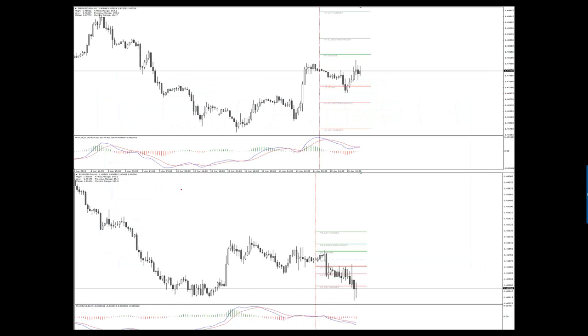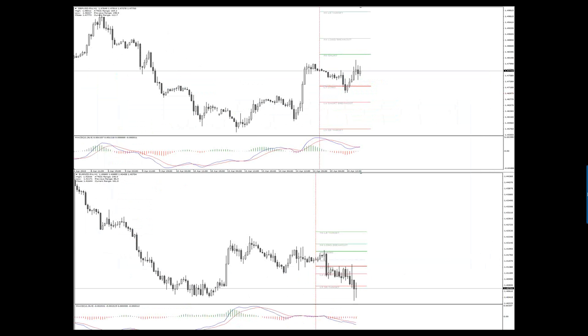Look at the correlation between GBP dollar and Euro New Zealand dollar. So again, I'm saying this can save some of your trades and trade setups if you don't know what to do. GBP dollar and Euro New Zealand basically go in the opposite direction, guys, right?